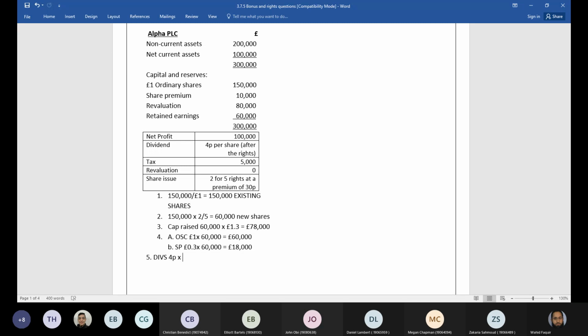Ace agrees. Daniel's broken it down to explain it is the 150 plus the 60. No more needs to be said on that. Thank you, Daniel. Look, you've got existing shares there, new shares there. Add the two together, gives us 210. Therefore, how much are we giving out from our profit?